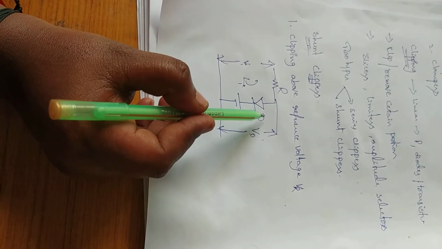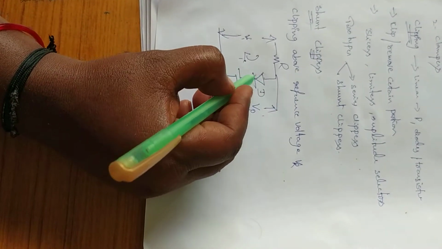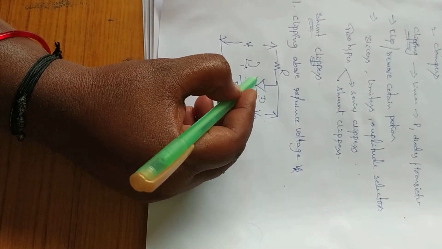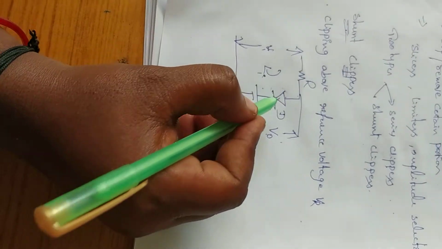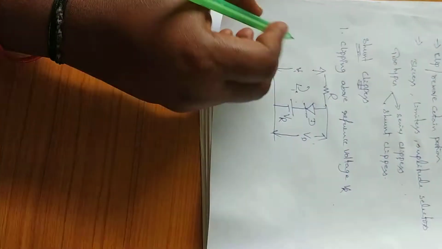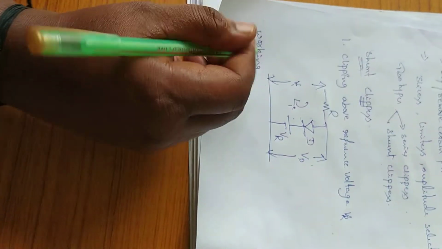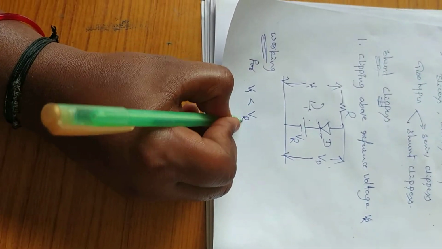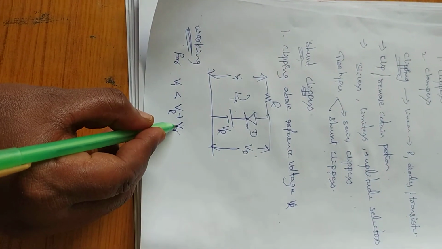First we discuss the working of the diode. Whenever the diode is in forward bias, that means the applied input voltage is greater than the cut-in voltage of the diode, then only the diode conducts. The first case is Vi less than reference voltage plus V gamma, where V gamma is the cut-in voltage.